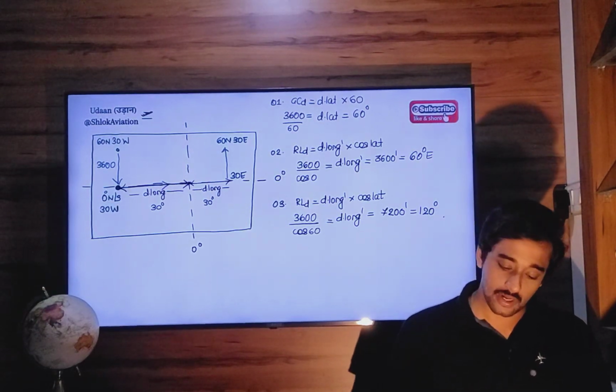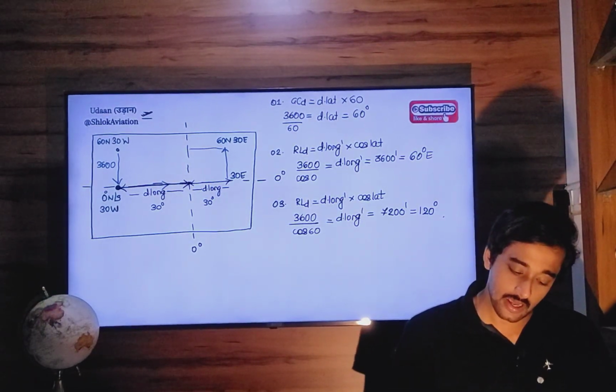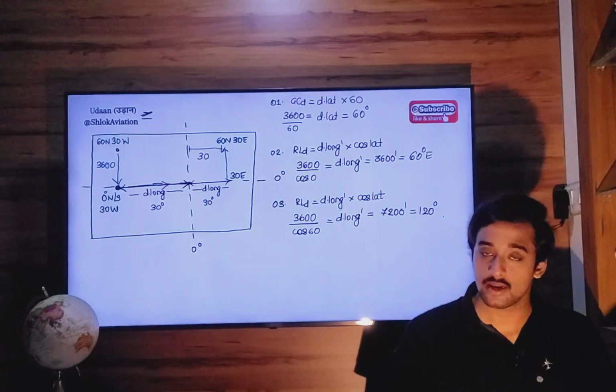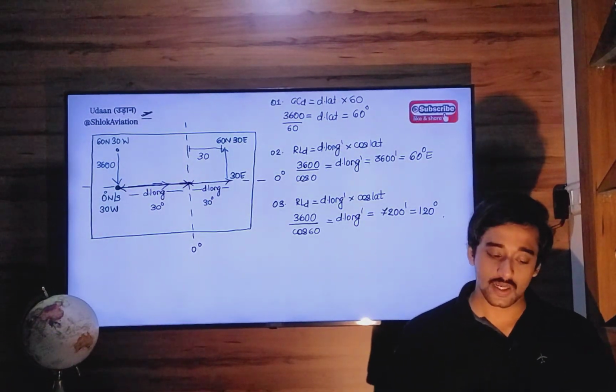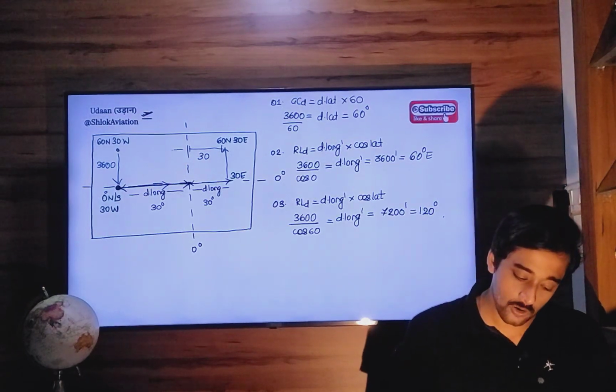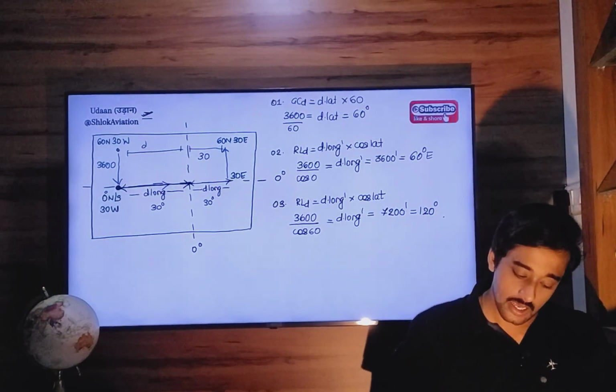So now the d long between the prime meridian and 30° east is 30°. Our total d long is 120. So 120 minus 30 is 90. So another 90° d long will be in the western hemisphere.